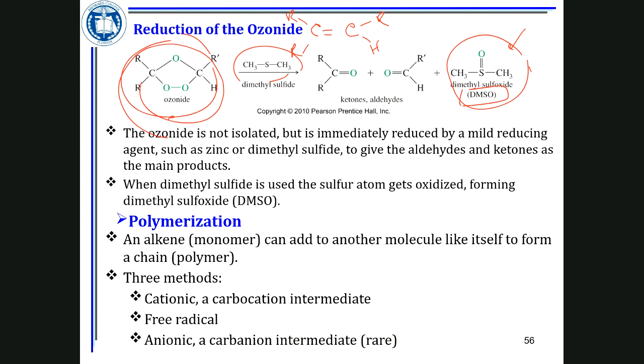When you start with an alkene and want to do oxidative cleavage, if your product is a carboxylic acid, you must use hot permanganate. If you want to stop at the aldehyde, then you use a milder oxidizing agent, and the mild oxidizing agent in that case is ozonolysis in the presence of dimethyl sulfide.